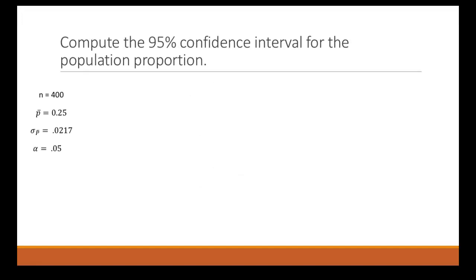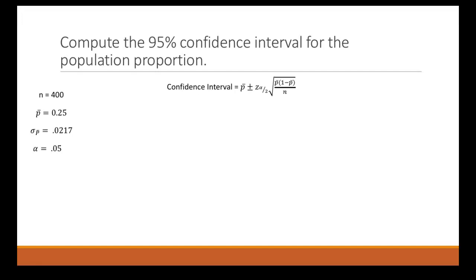So our confidence interval, our formula looks like this. We have P bar plus and minus the z-score of alpha divided by 2 multiplied by our standard error. So we have our P bar. We know that P bar is 0.25.